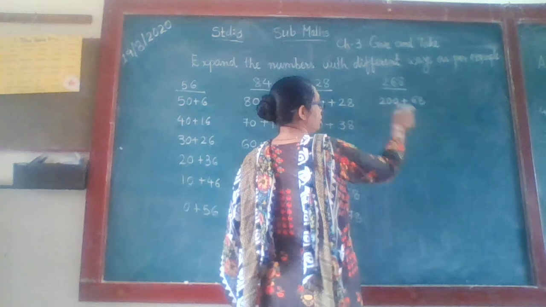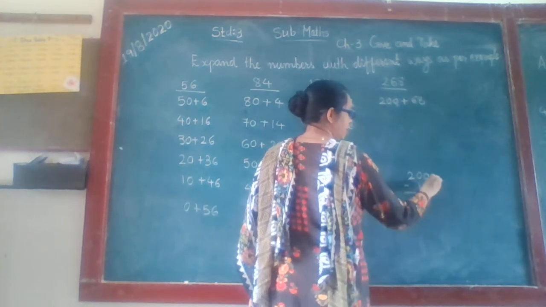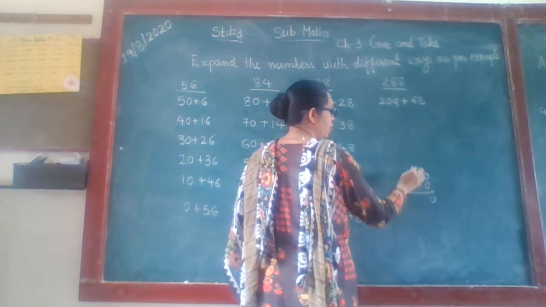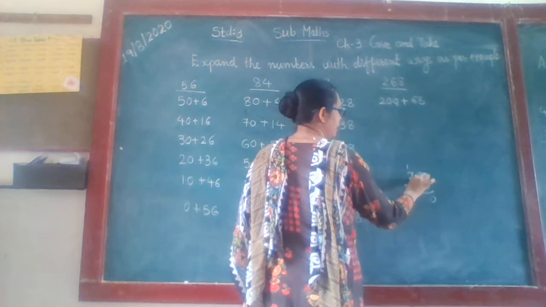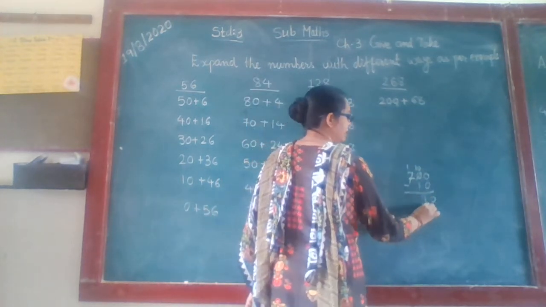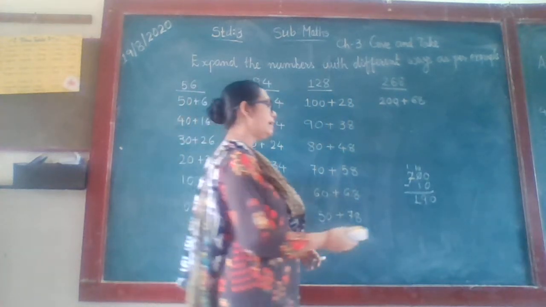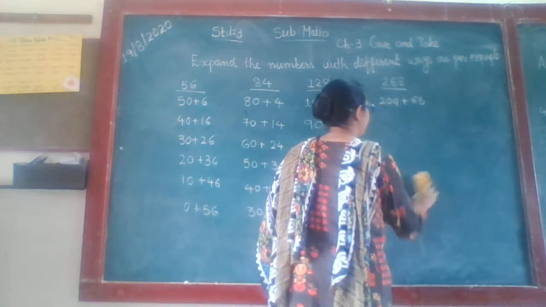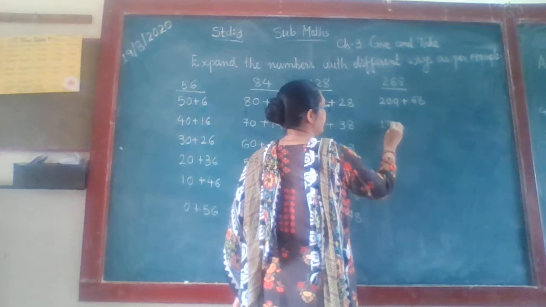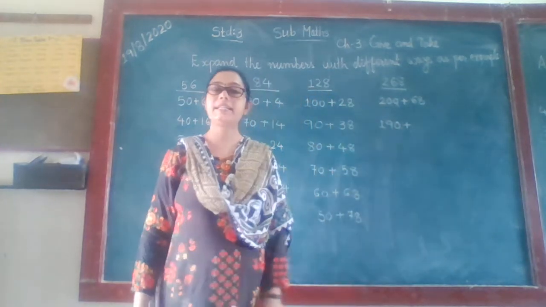So we subtract 200 minus 10. 0 minus 0, 0. 0 minus 1 is not possible. We borrow from 2. Here 1 remains and 0 becomes 10. Now 10 minus 1, 9, and 1. So what we get? 190. So when we subtract 10 from 200, we get 190 and that 10 we have to add to 68.